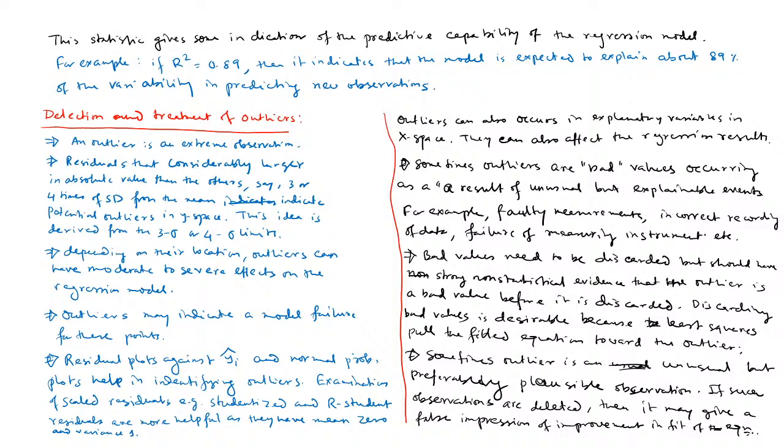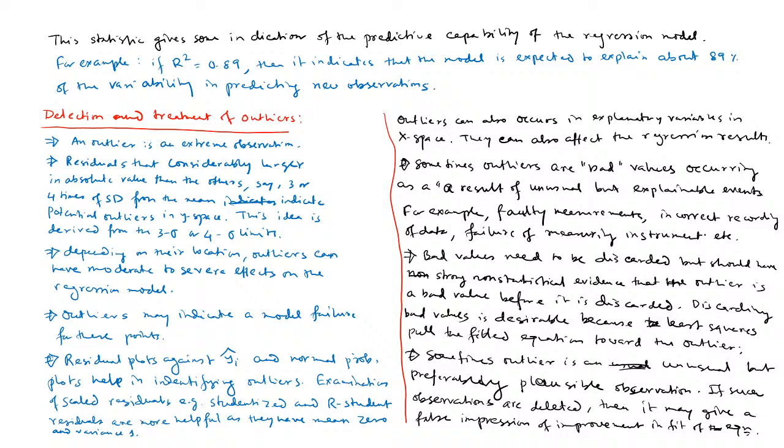Okay, so please write down these notes. These are very important when you decide whether the outlier is discarded or not. You should keep this in your mind.